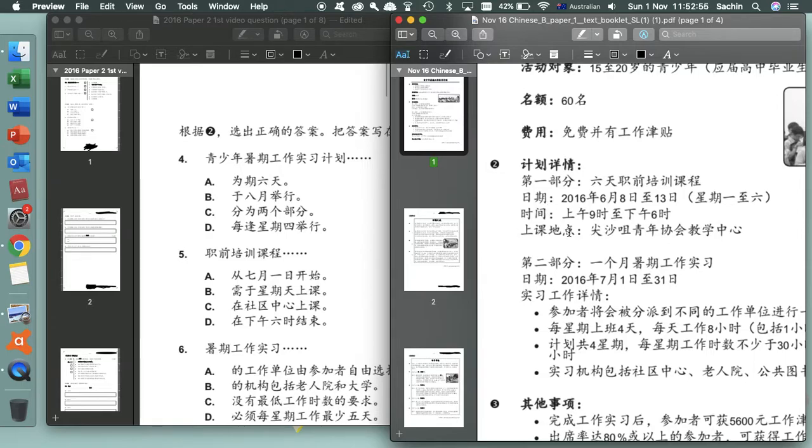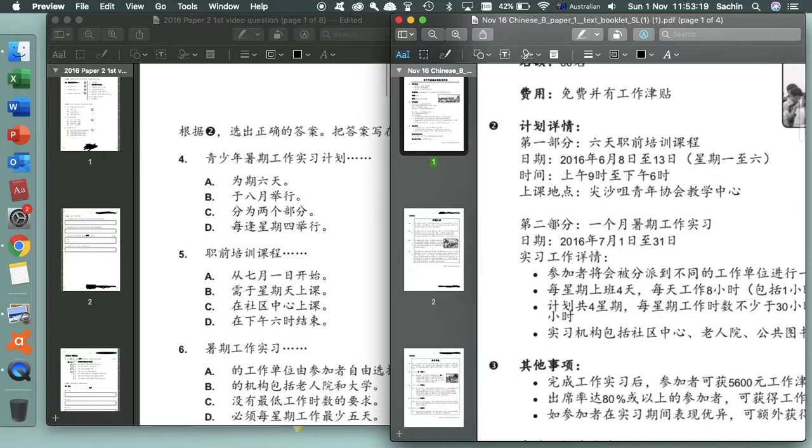And the time here is in the morning at 9 until the afternoon at 6. And the place, 地点, is something 青年协会教学中心, so like the Young People's Association Education Center.